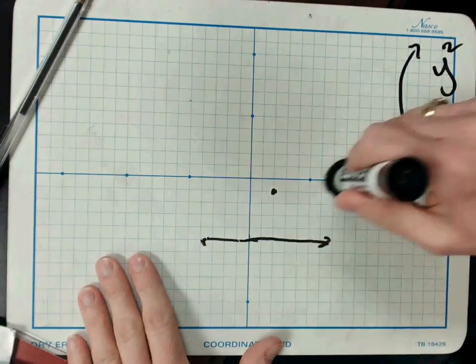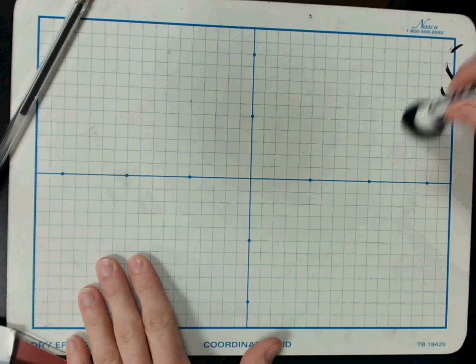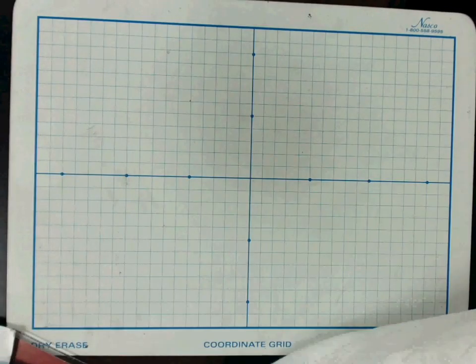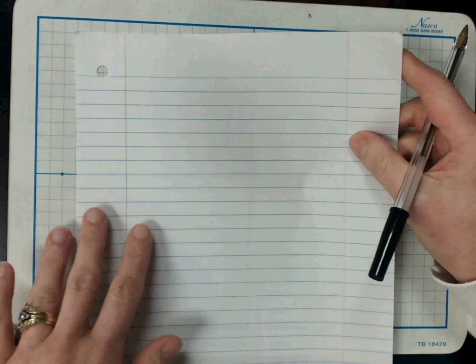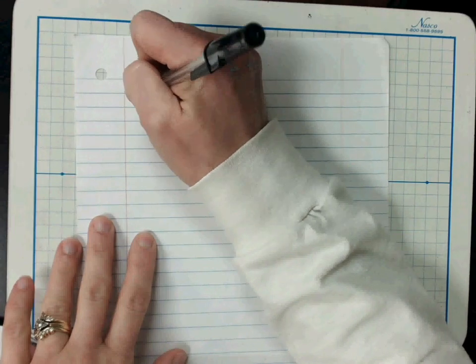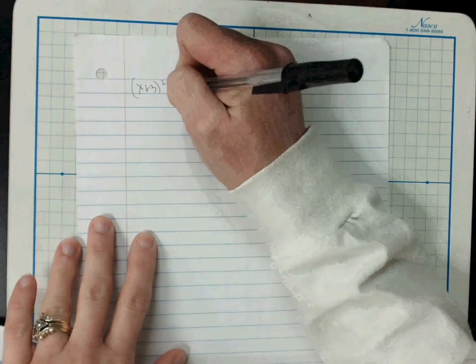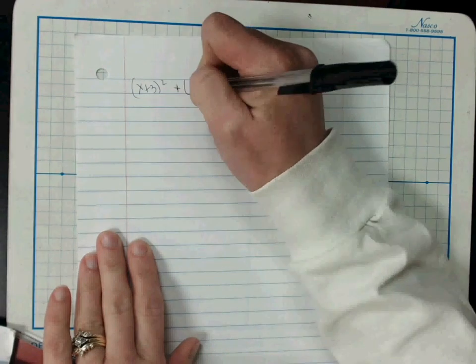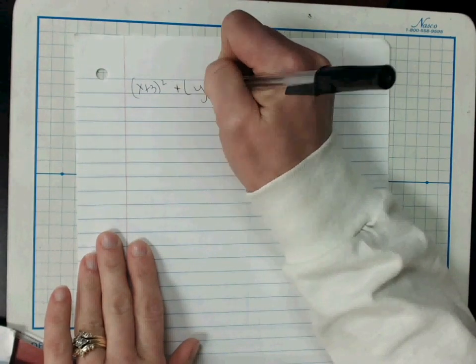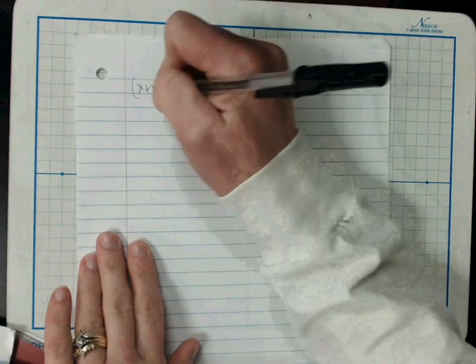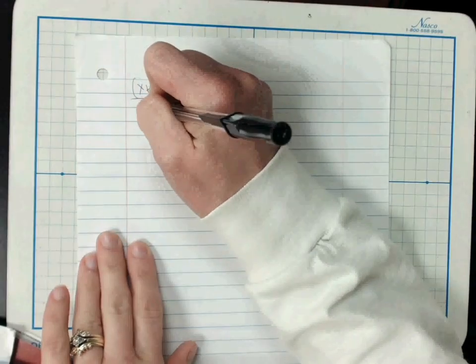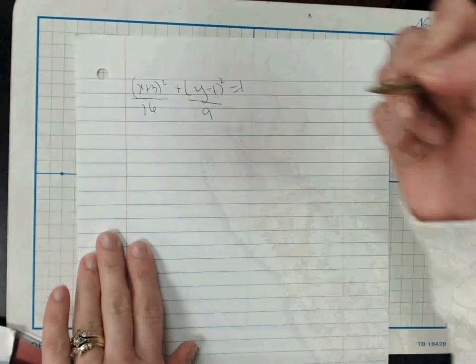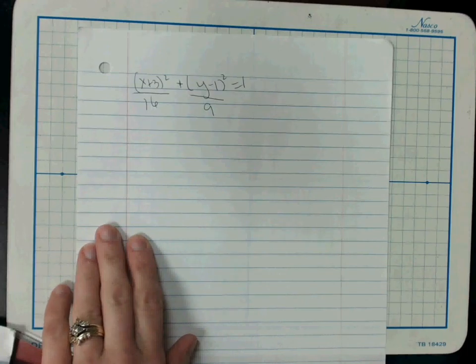Let me erase this. So say I've got (x plus 3) squared over 16 plus (y minus 1) squared over 9 equals 1. Okay?